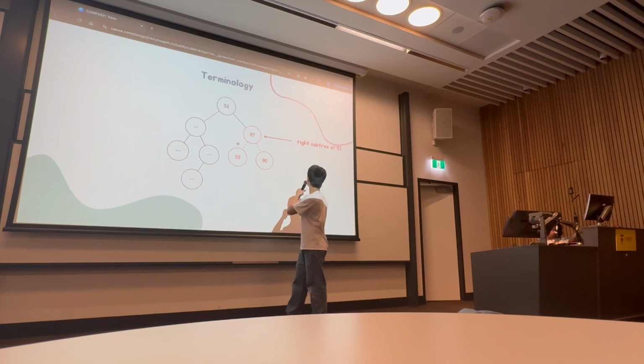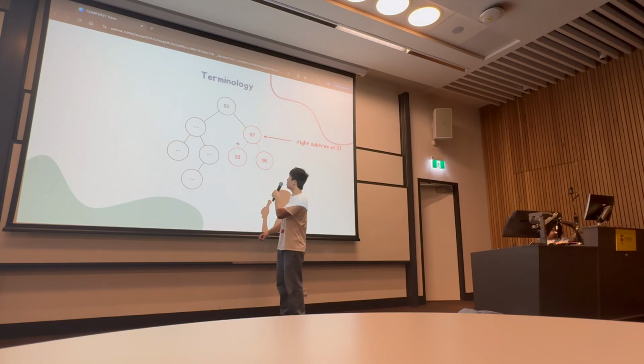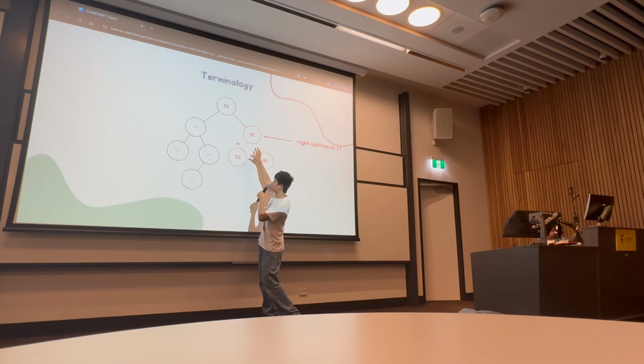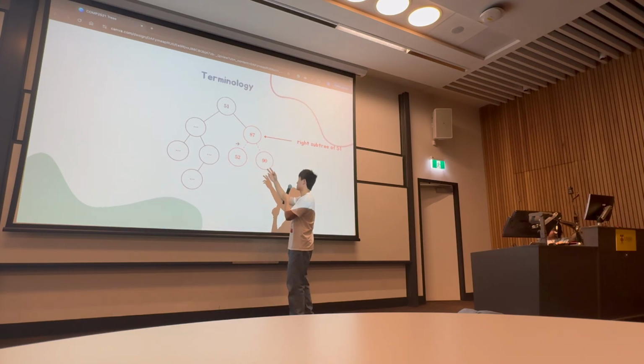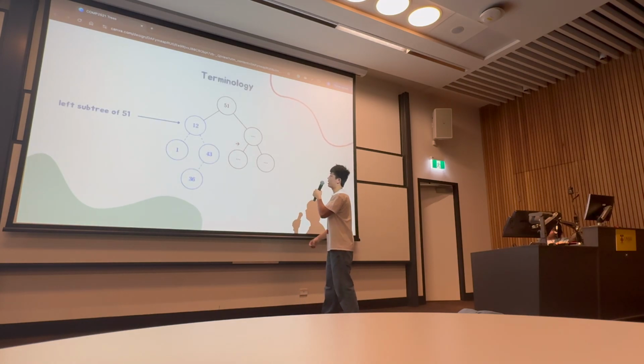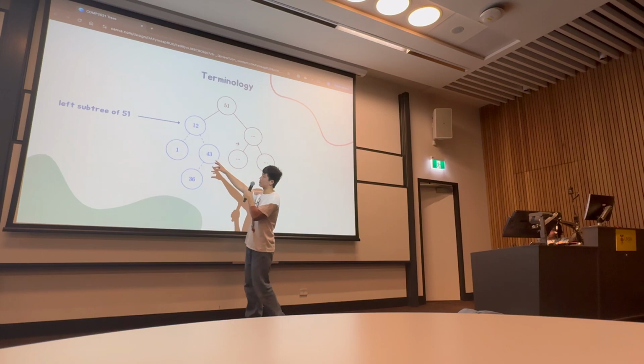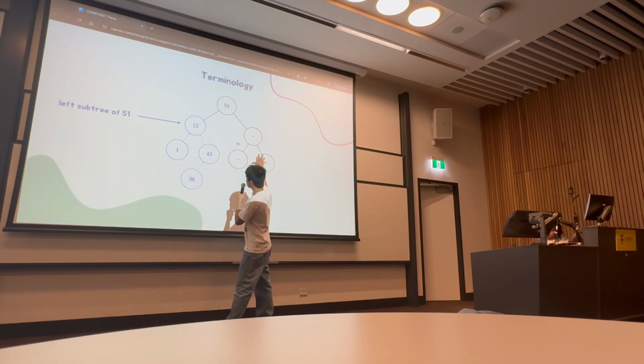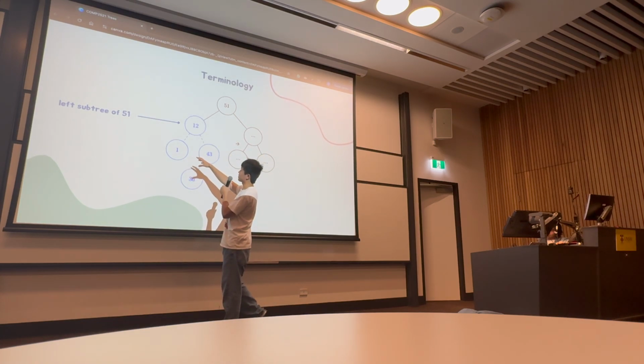For example, the right subtree of 51 is just the tree that is taken when we take 87 as the root node. So basically the tree that branches out from the node 87, which is the child of 51. And similarly, this will be considered the left subtree of 51. So that's the right subtree and that's the left subtree.